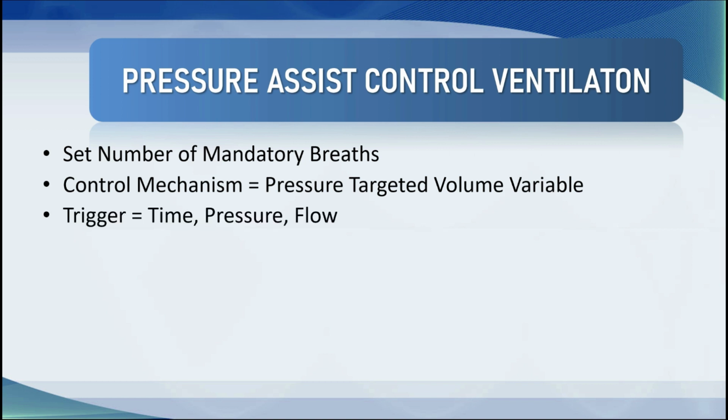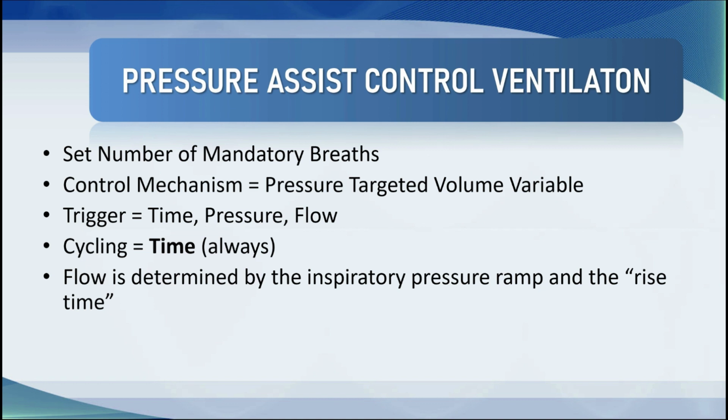You must set a trigger, and the standard trigger is time on pressure control. But if you're using assist control, you must also add a way of triggering the breath by assisting the patient, and that can be a negative pressure trigger or a flow by trigger. Cycling is always time in pressure control. Pressure control is a time cycled mode of ventilation by definition.